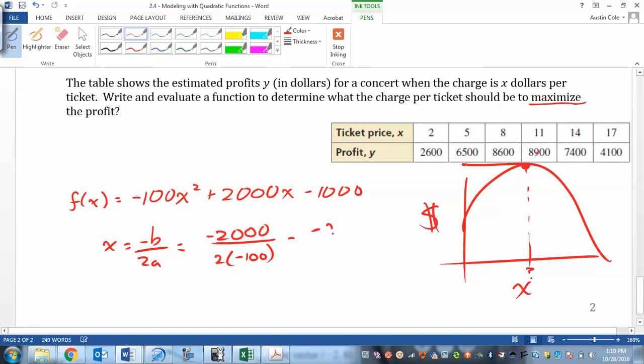So that gets me negative 2,000 divided by negative 200. $10 per ticket will yield us the maximum profit.